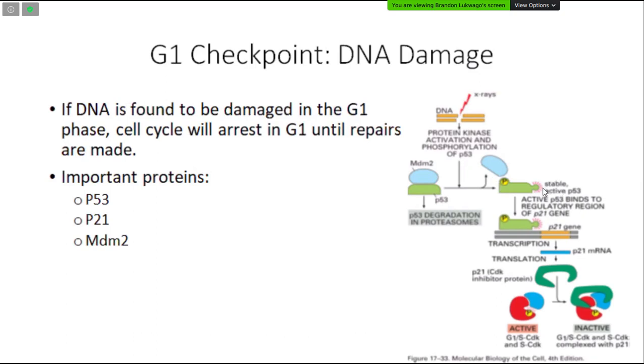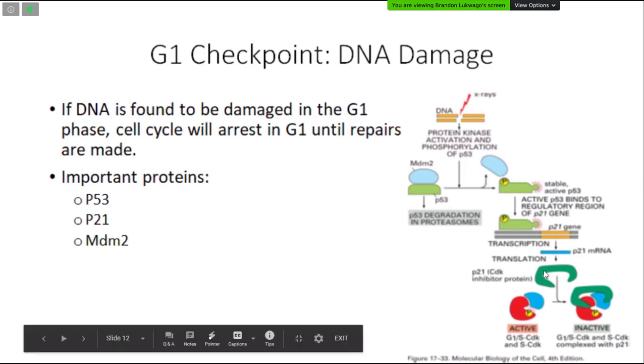P53 is a gene regulator. Once it's activated, it will regulate the transcription of the other protein, P21, which will code for the P21 CDK inhibitor protein.